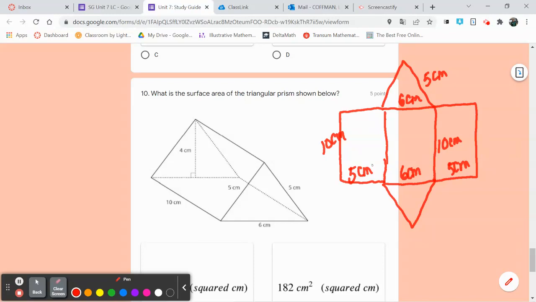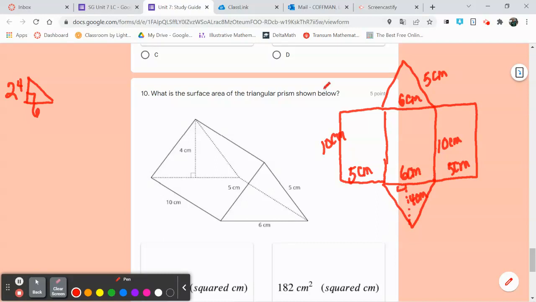All right, so from there, I forgot a little line to get my height of 4 centimeters. So you could use this, or the method that I use is I draw my shapes off to the side. I've got 2 triangles, probably because I'm not very good at drawing nets. All right, that are 4 and 6.